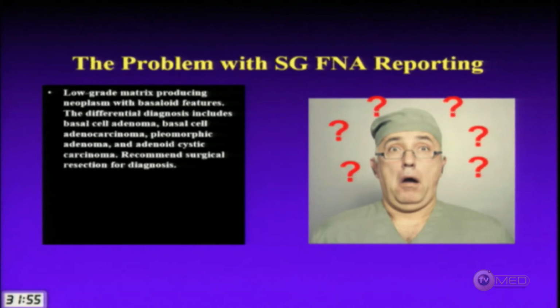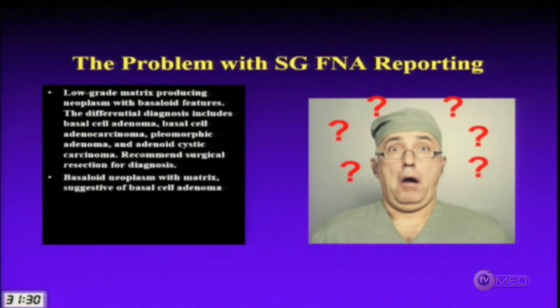So here's our surgeon over here, and he's going to read this report. This is a low-grade matrix-producing neoplasm with basaloid features, blah, blah, blah. They don't know what we're talking about, and there's no implication for risk of malignancy or anything associated with that.